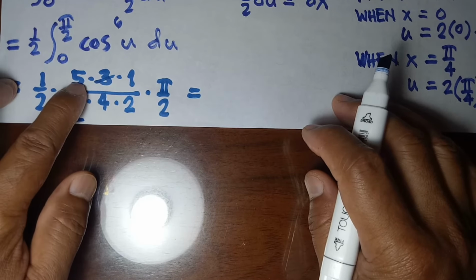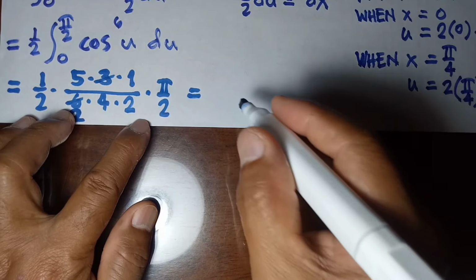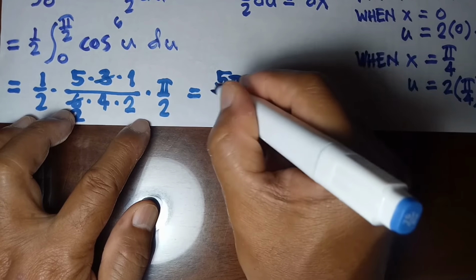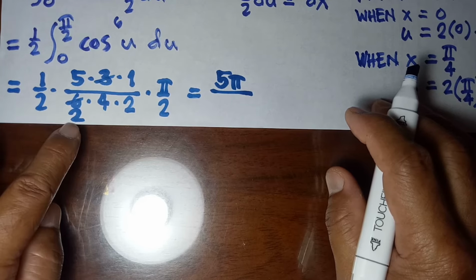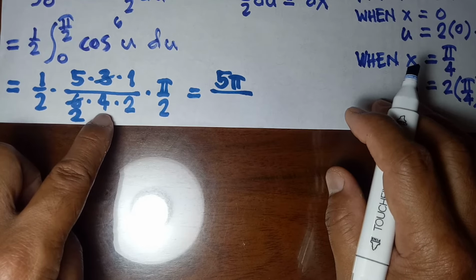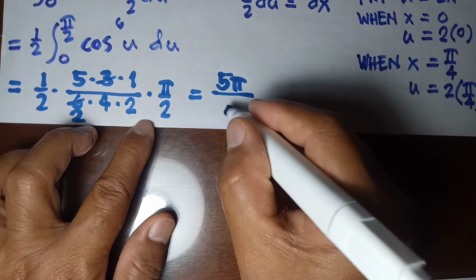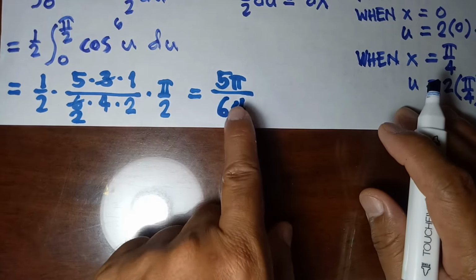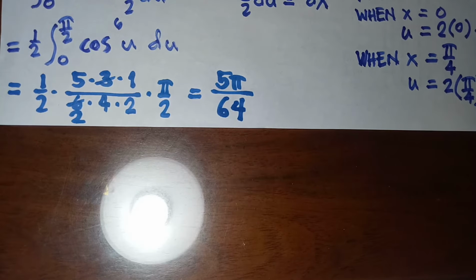So, 1 times 5 times 1 times pi is 5 pi, divided by, so meron tayong 2 times 2, 4 times 4, 16 times 4, 64. So, yung sagot natin, 5 pi over 64.